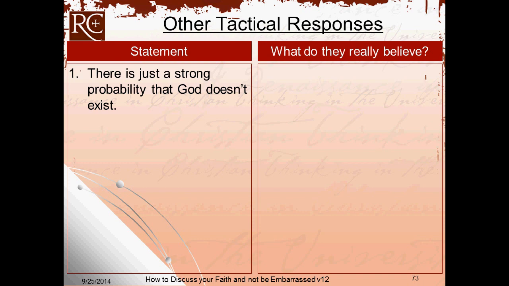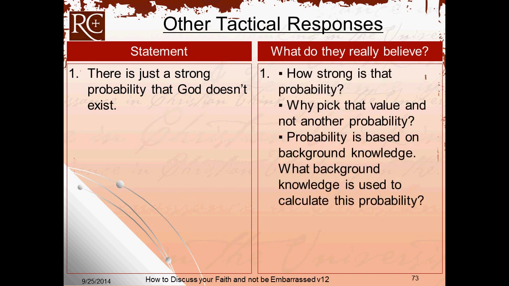That's what it was. You can ask, well, how strong is that probability? Try and pick a number. Is it between 50 and 70, 70 and 90, 90 and 100? And then if they pick a number, the next question is, well, why pick that value and not another probability? Just picking a probability isn't good enough. You need to have a reason for picking that probability.